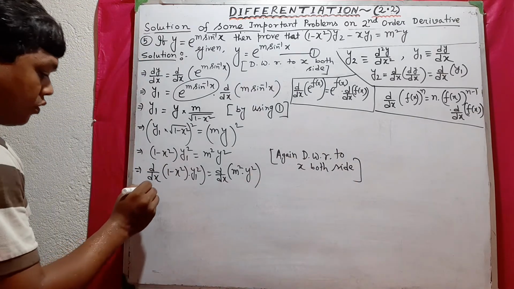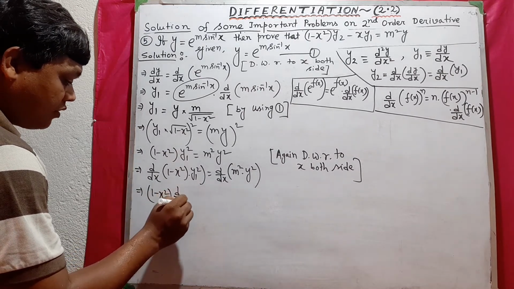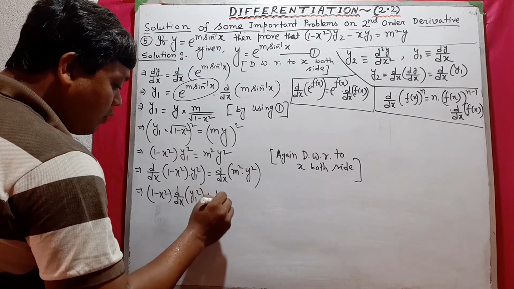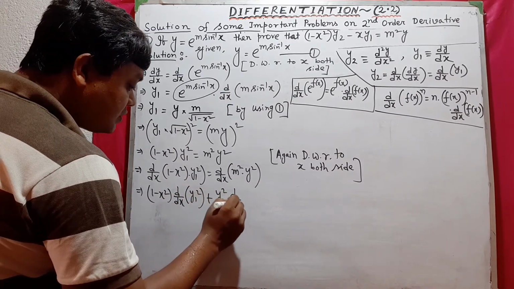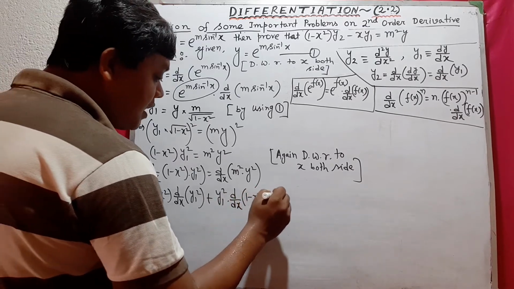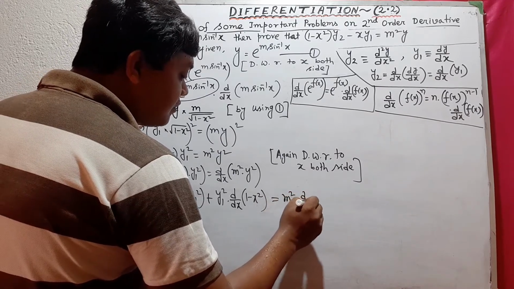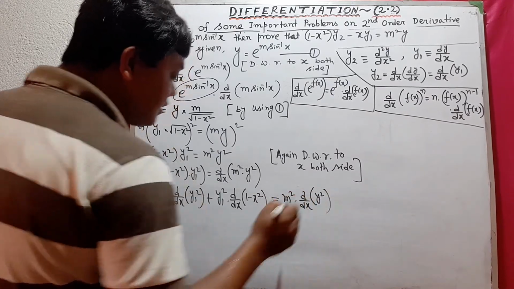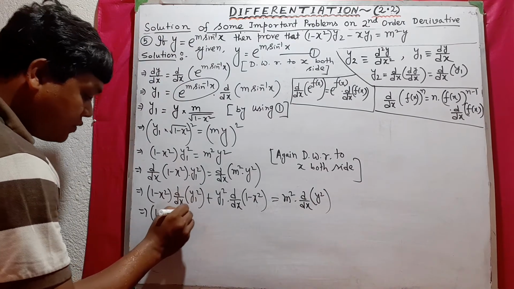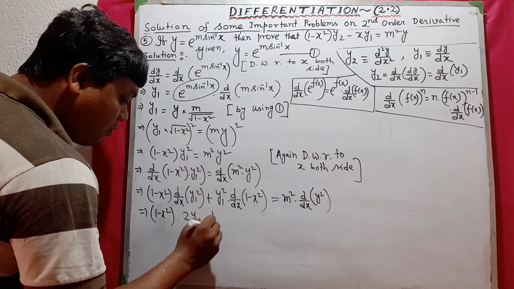So now (1 minus x square) d/dx of y1 square plus y1 square d/dx of (1 minus x square) equals m square d/dx of y square.